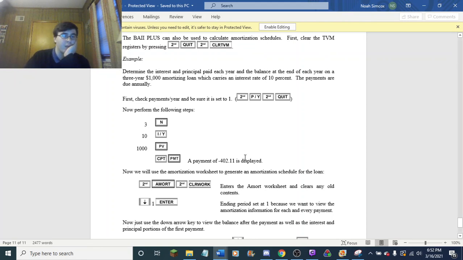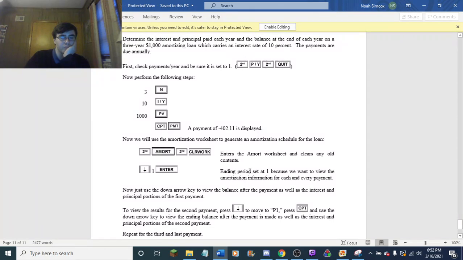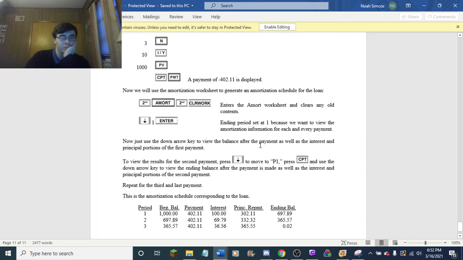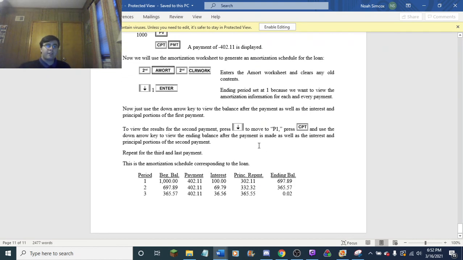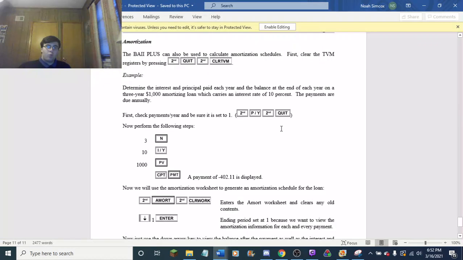What the heck? It always only shows 2 periods. This is stupid. This tutorial sucks. What is this? What?